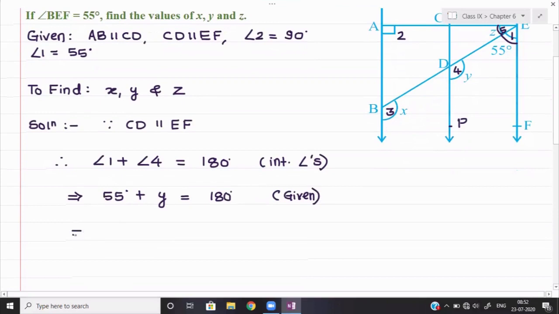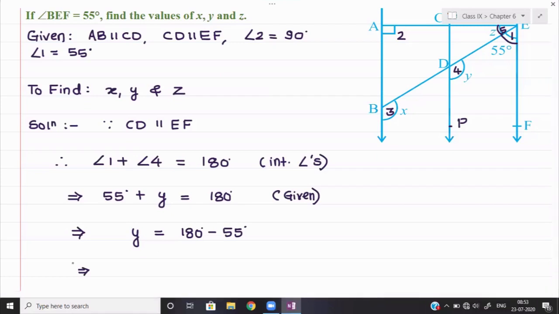So y will be equal to 180 minus 55 degrees. From 180 if I subtract 60, it remains 120, but I need to subtract 5 less. So the remainder is 125 degrees. So the value of y will be equal to 125 degrees.